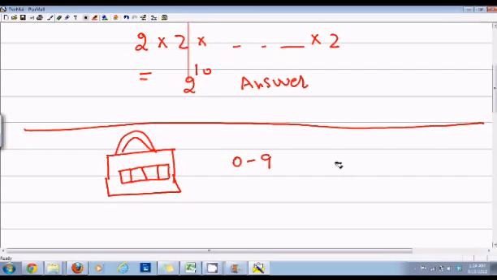So let's calculate it. For each number we have 10 options, because we have 0 also, that's why we'll have 10 options for each number. And then for the second number we again have 10 options, third number we have 10 options, and fourth number we have 10 options. So the total will be 10 raised to power 4.